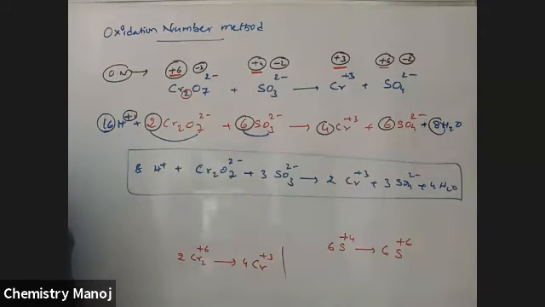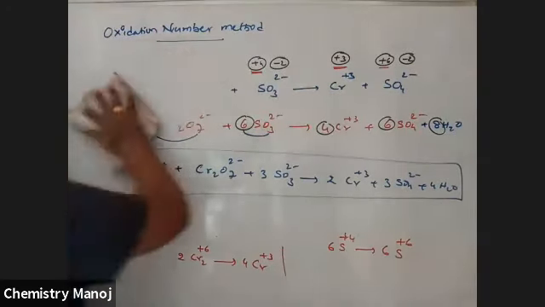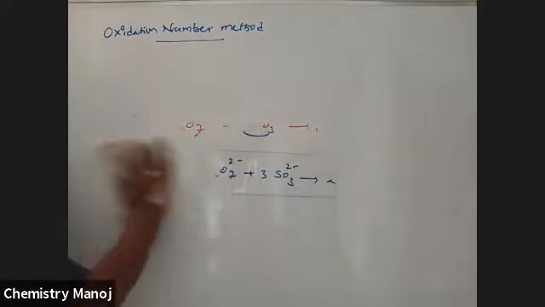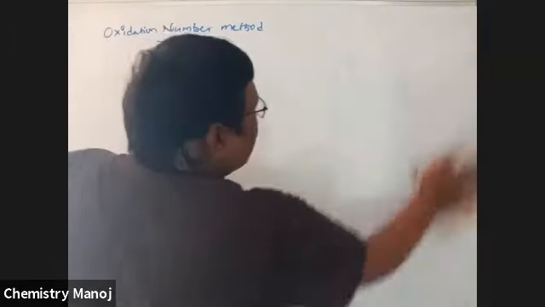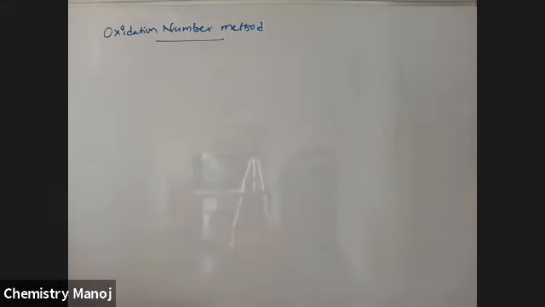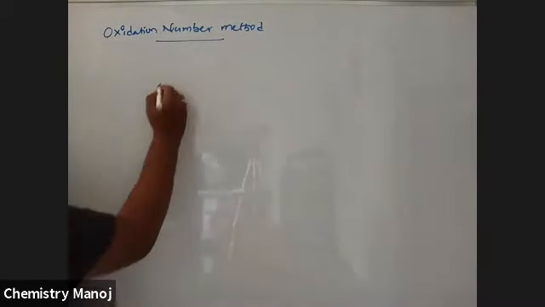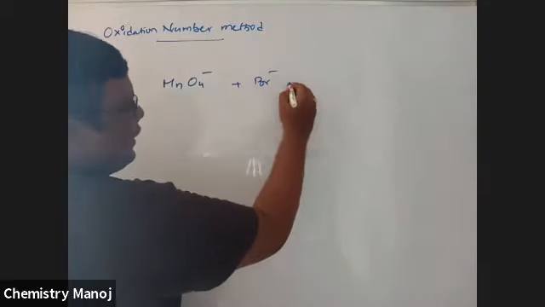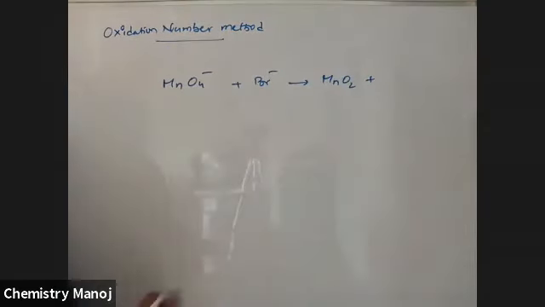So see here: MnO4- plus Br- gives MnO2 plus BrO3-.